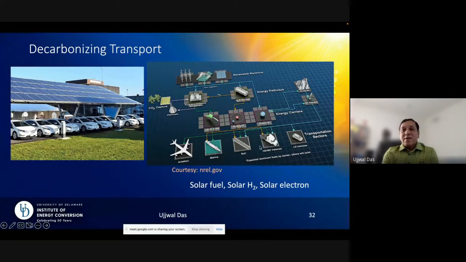To do that, you need to go to an intermediate energy system, which basically generates, let's say, hydrogen or liquid fuels using these renewable electrons. All of this research is needed, and there are very few applications in the market at this point, but it's still at a research and development stage.